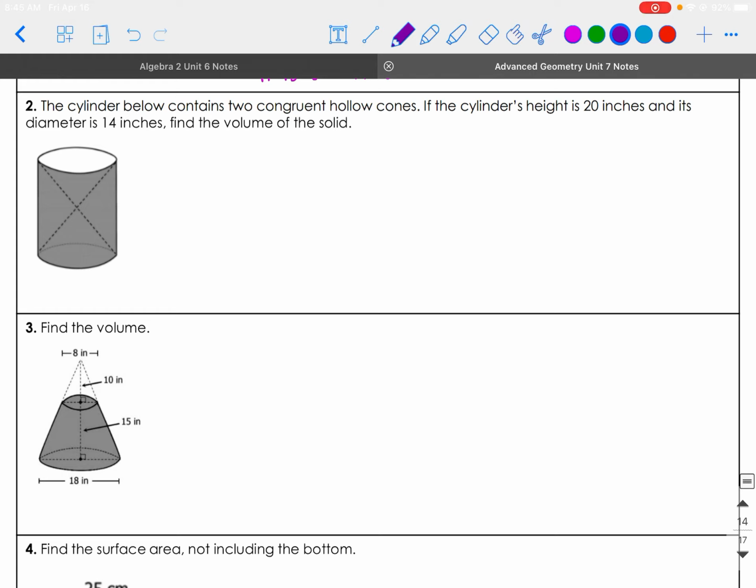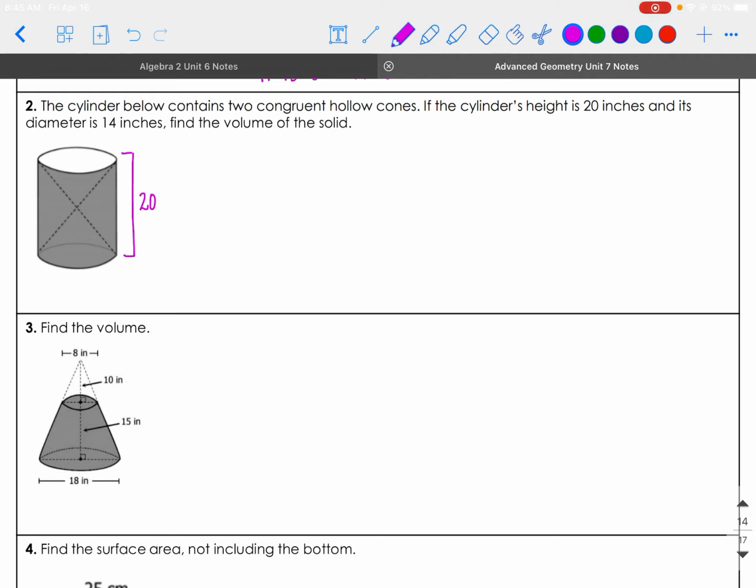All right. Number 2, the cylinder below contains two congruent hollow cones. So we have a cylinder and we've cut cones out of them. All right. The cylinder's height is 20.